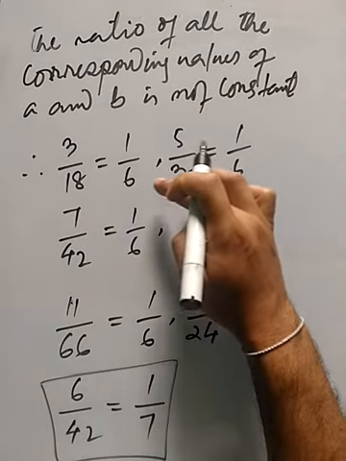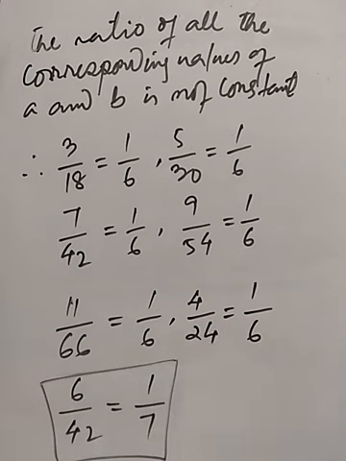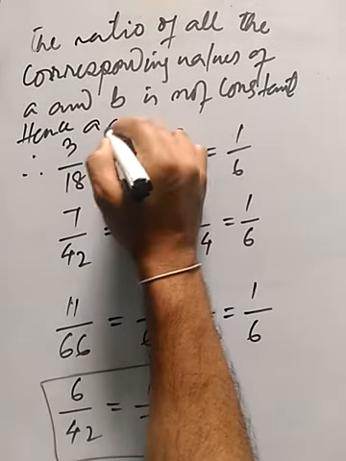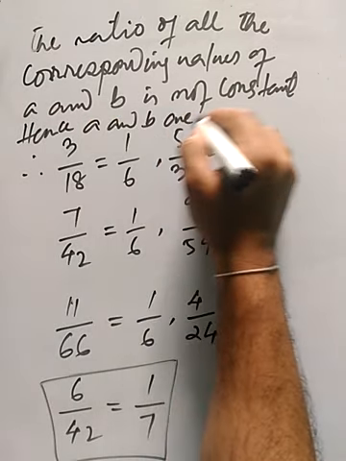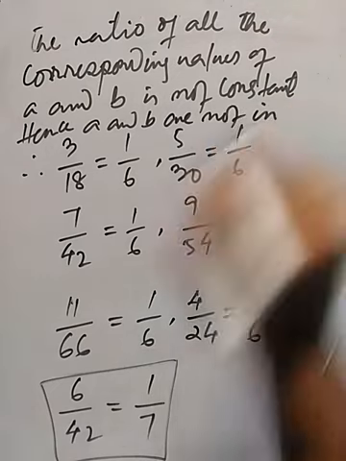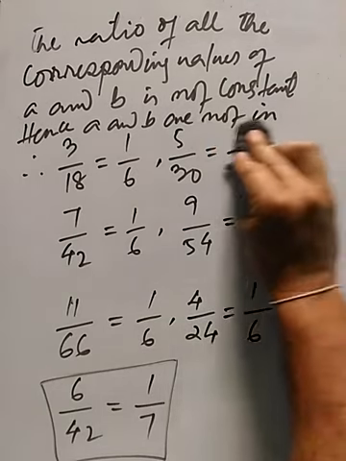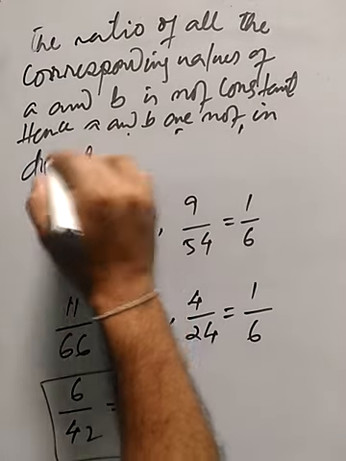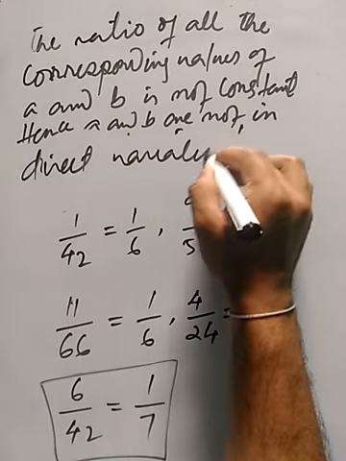If you are getting 1 by 6 in all the cases, then you will say it's constant, but here because of the last part, 1 by 7, they are not actually the same in all the cases. That means it's not constant. Hence, A and B are not in direct variation.